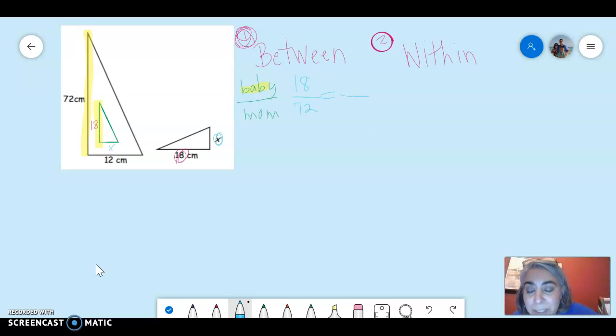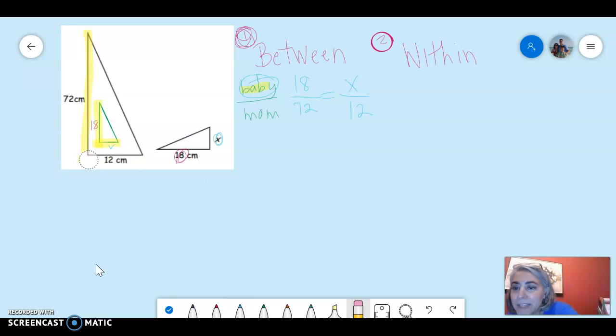I'm still going between. What other information do I have? On the baby, I have that bottom, which has a matching mama right here. So I'm going to take that X, because it says baby on the top, and place that over the mama 12. And so I have this beautiful proportion.